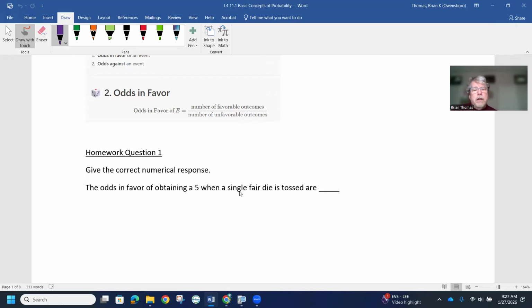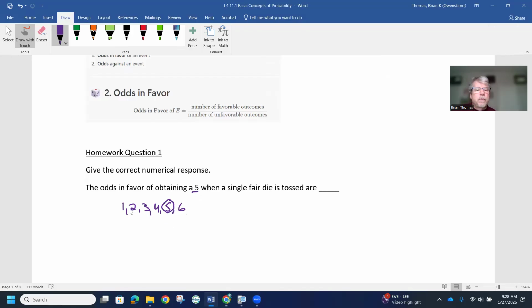So on a die, we know there are one, two, three, four, five, six possible outcomes. If we're looking for a five, that's the only favorable outcome for us. So five is the only favorable outcome, and the unfavorable outcomes are the things that are not a five. So the one, the two, the three, the four, and the six.